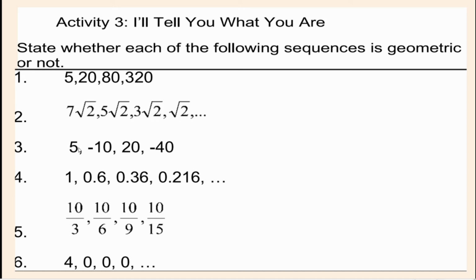Number 3, we have 5, negative 10, 20, and negative 40. Number 4, we have 1, 0.6, 0.36, 0.216, and so on. Number 5, we have 10 over 3, 10 over 6, 10 over 9, and 10 over 15. For number 6, we have 4, 0, 0, 0, and so on.